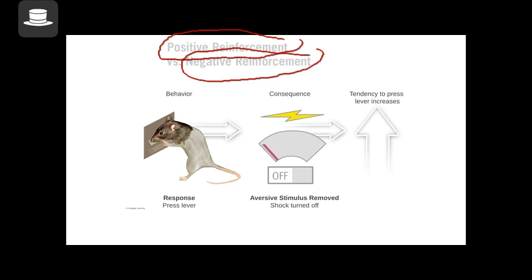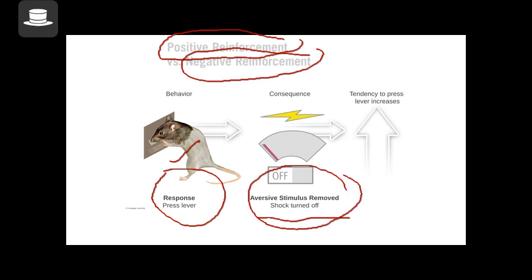In negative reinforcement, on the other hand, the behavior of pressing the lever is followed by removal of the aversive stimulus. The rat in this example, when it presses the lever, that results in the consequence, which is removal of the aversive effect of this electric shock. Hence, the tendency to press the lever increases in the rat.